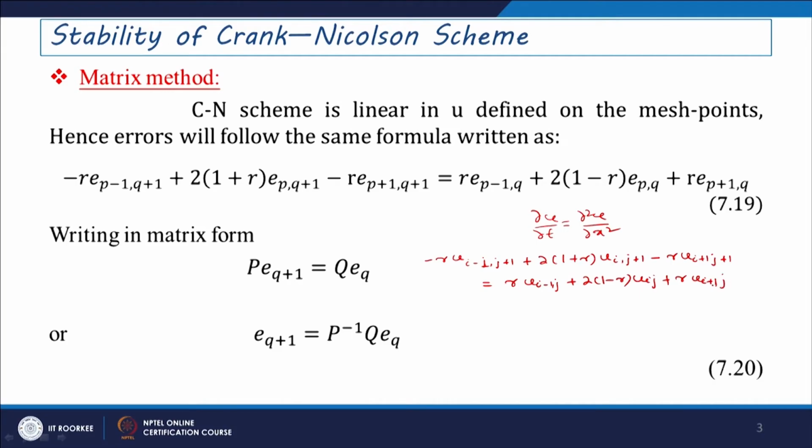And if you consider the approximated solution u star and take the difference from the earlier equation, u minus u star in each of these coefficients, signified as e, with each of the coefficients remaining in its position, then we can write the error terms as minus r e(p minus 1, q plus 1) plus 2 into (1 plus r) e(p, q plus 1) minus r e(p plus 1, q plus 1) equals r e(p minus 1, q) plus 2 into (1 minus r) e(p, q) plus r e(p plus 1, q) here.